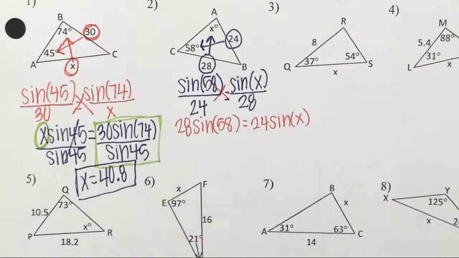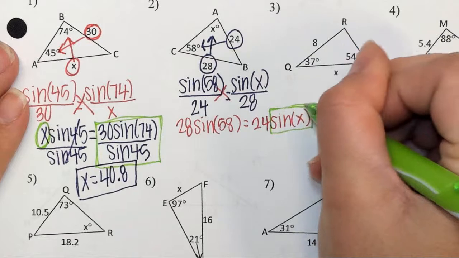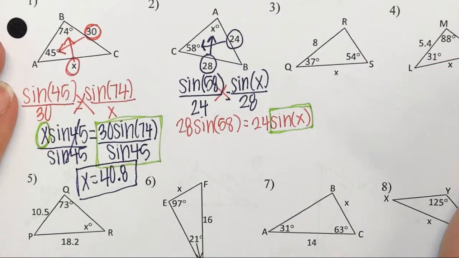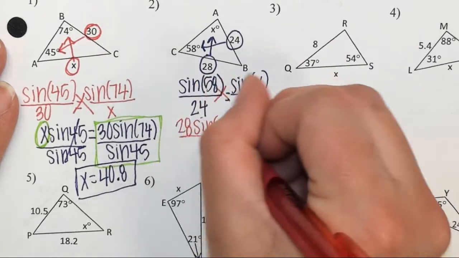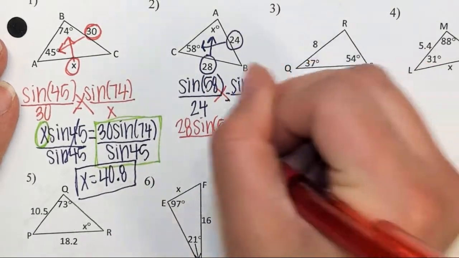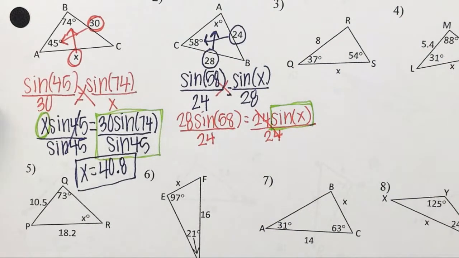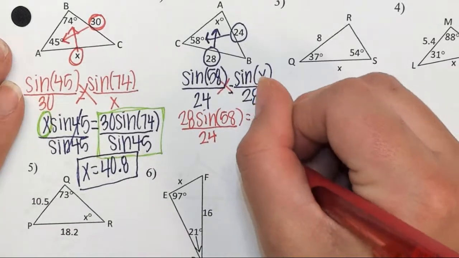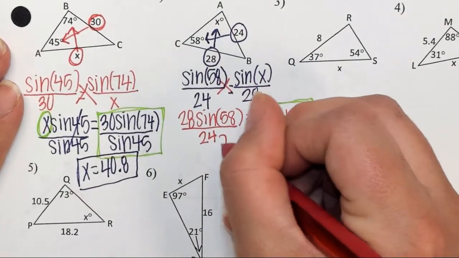So, I want to get this whole thing by itself. So who do I need to divide over? 24. So divide by 24. This cancels. So, what we have left is sine of x equals all of this stuff.